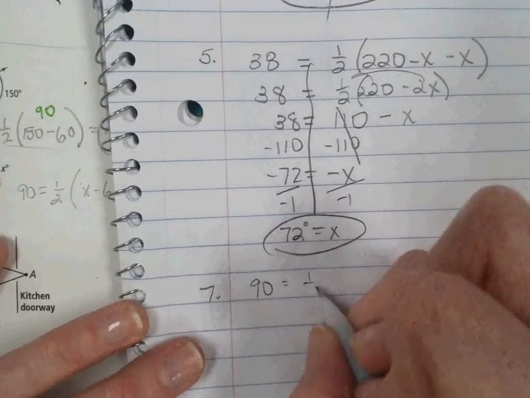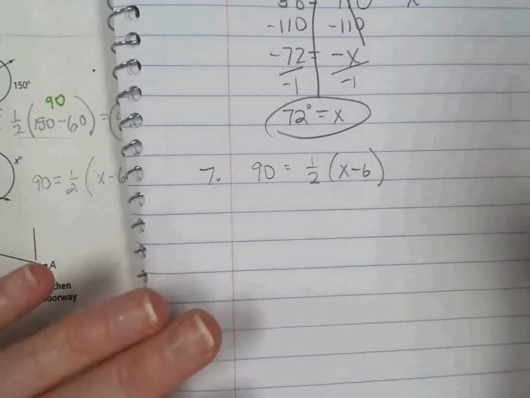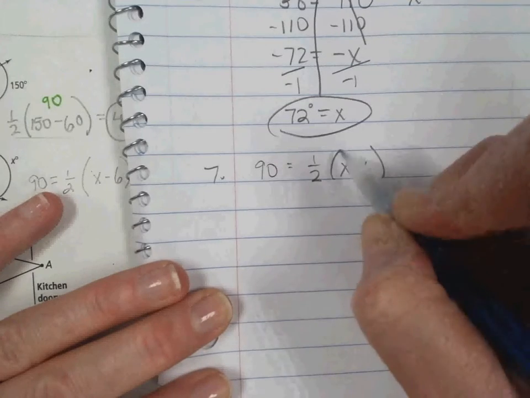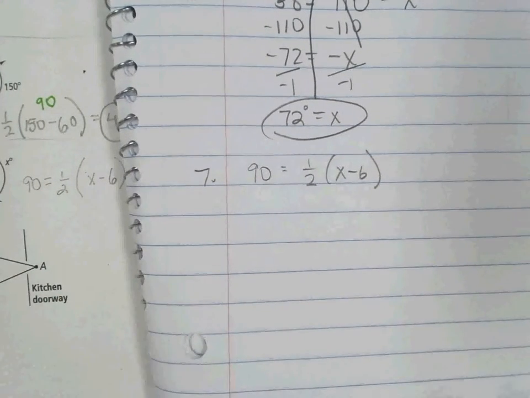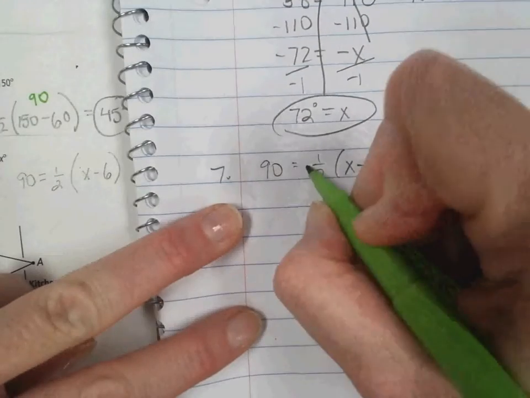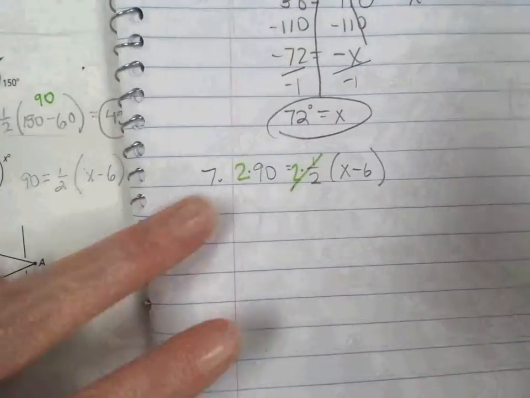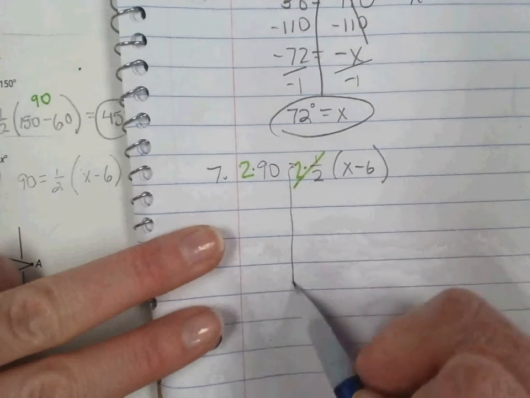So 90 equals 1/2 times x minus 6. Now I don't really want to distribute a 1/2 to an x because that doesn't work out that well. So in this case, I'm going to multiply both sides by 2. Both accomplish the same task.